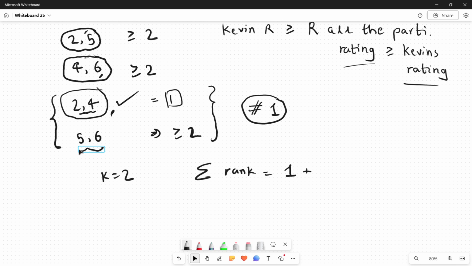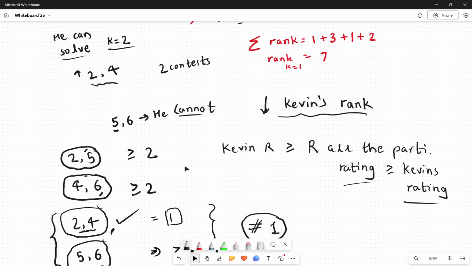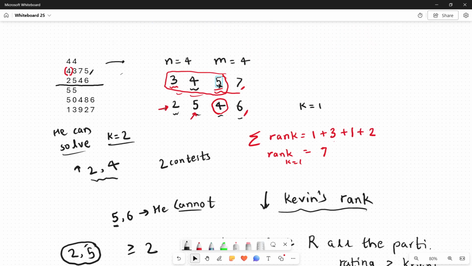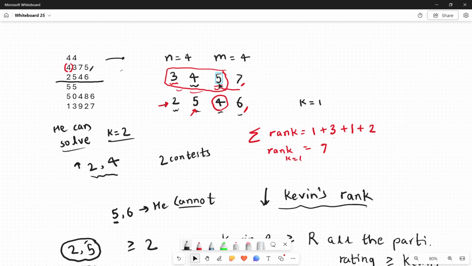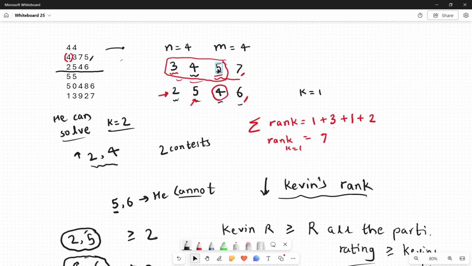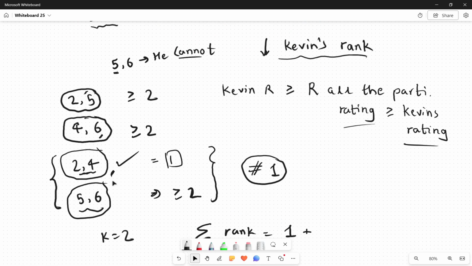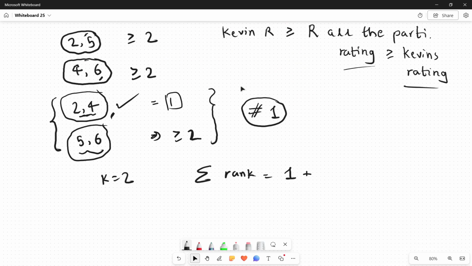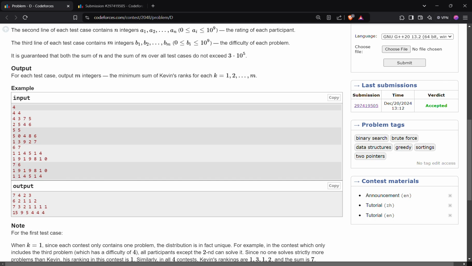And in the other contest, this person will solve this problem, Kevin won't, and this person will solve both the problems, right? So his rank will be 3, so the sum is going to be 4. Is it correct? Yes, it is indeed.